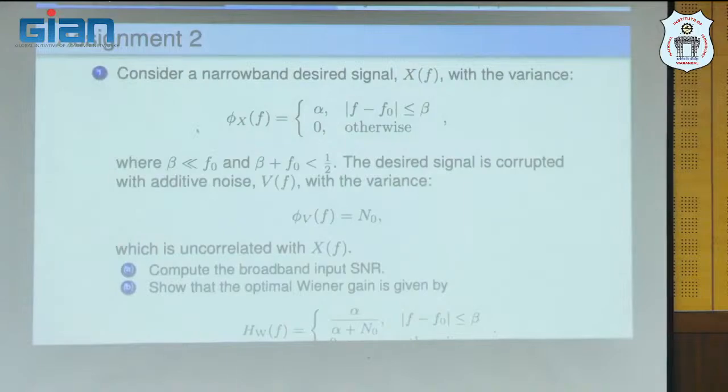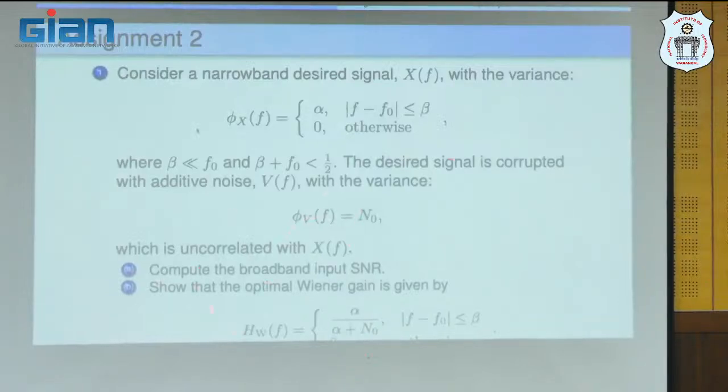Okay, so this assignment. First you have a few theoretical problems, just to work with simple examples like this. You have the spectrum of a desired signal like this, and the spectrum of noise like this, which is white additive noise.